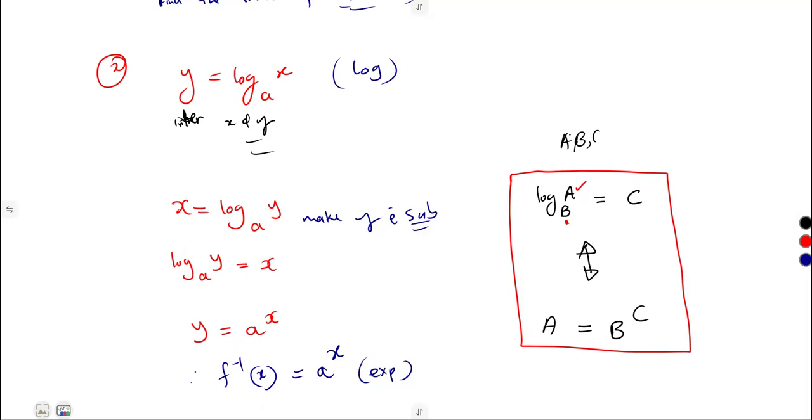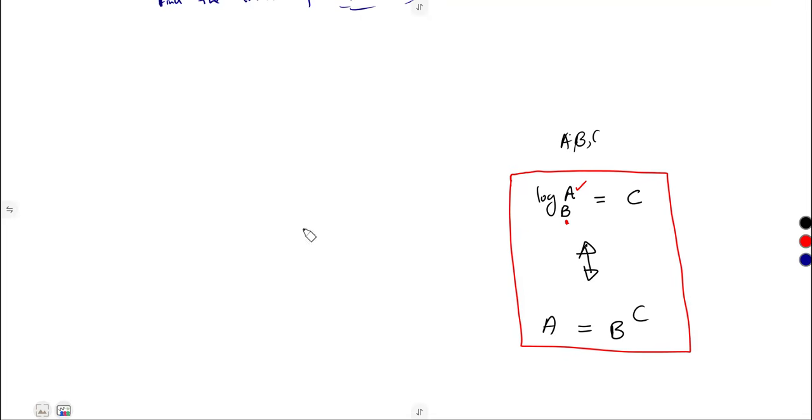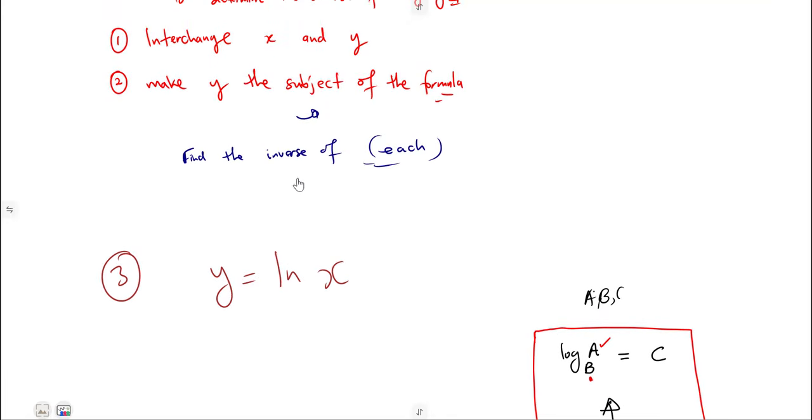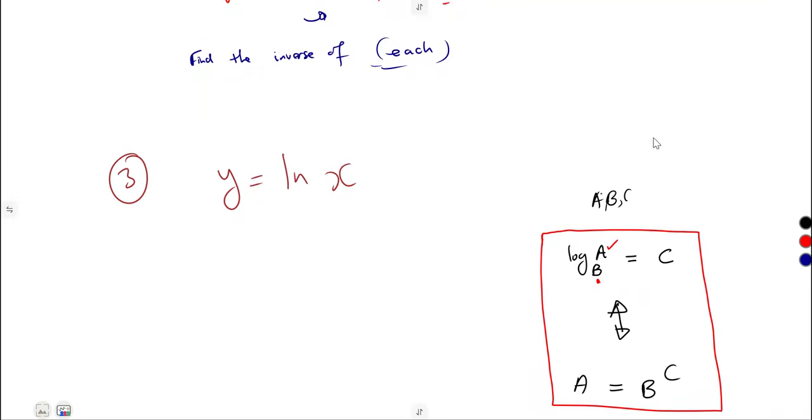All right, so let us see another type of a logarithmic. It can be given as ln of x. Ln of a certain number, whatever that you're given, is still a logarithmic from our Napierian logarithms. So let us say number 3, y is equal to ln of x. We are still finding the inverse. So here, remember ln represents the logarithm in the base of e.